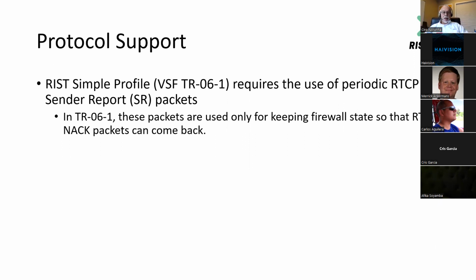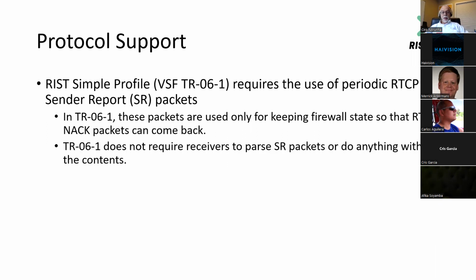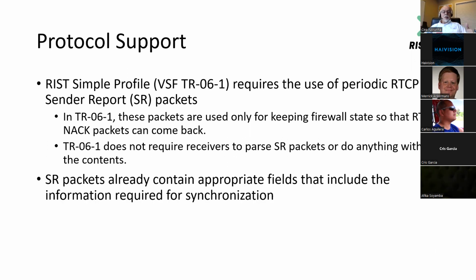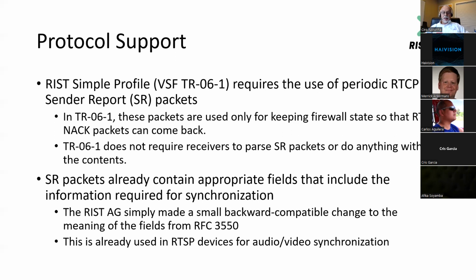So it was kind of an empty sender report. You could use an empty receiver report. The receivers didn't actually need to parse this thing. It's just there for the firewall. But the sender reports already contain appropriate fields that include the information required for synchronization. So all we did was use those fields and slightly redefine them.